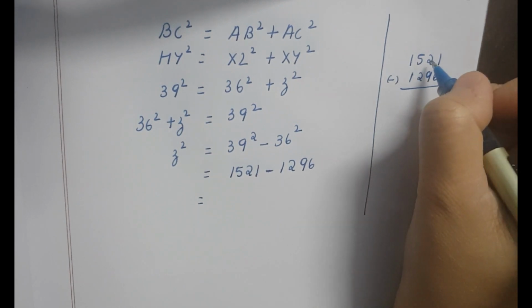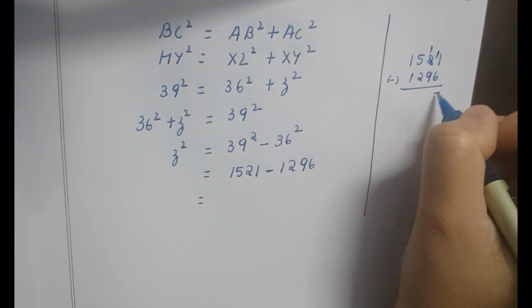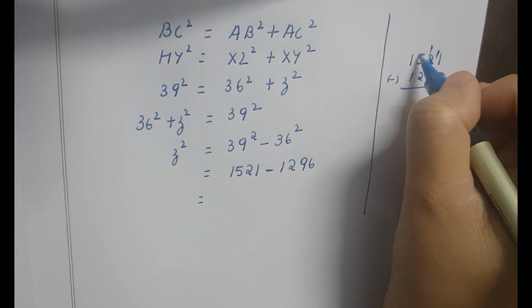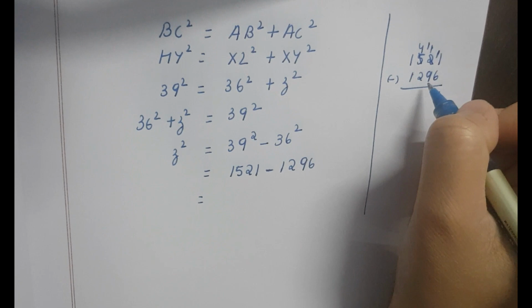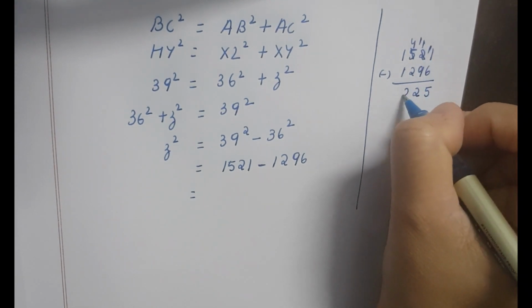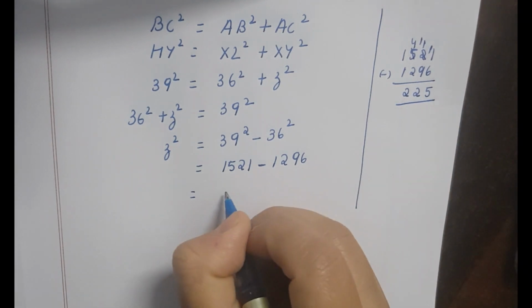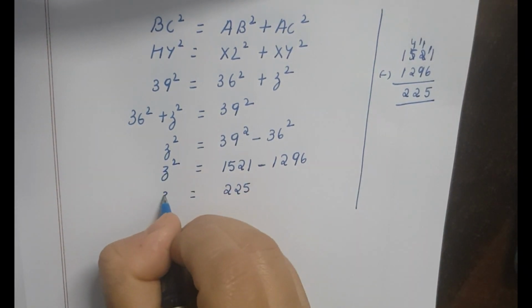So subtract பண்ணா 2 will become 1, 11. So 11 and the 6 portion of 5. 5 will become 4 and this will become 11. So 11 and the 9 portion 2 and 4 and the 2 portion 2. So it is 225. Right? So Z square is 225.